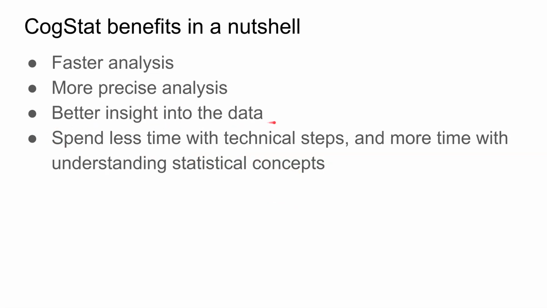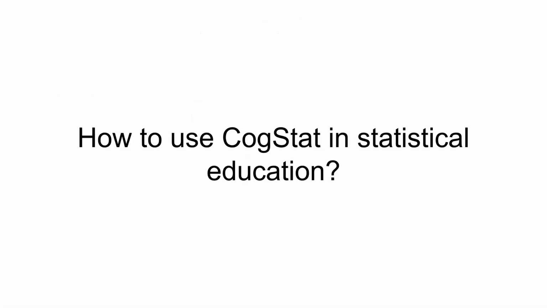And similar to this previous point, you can have better insight about the data. And from the viewpoint of education, you don't have to spend so much time with technical details. So when you're teaching a software, there are a lot of options and a lot of other stuff, and it requires quite some time to explain them to the students.